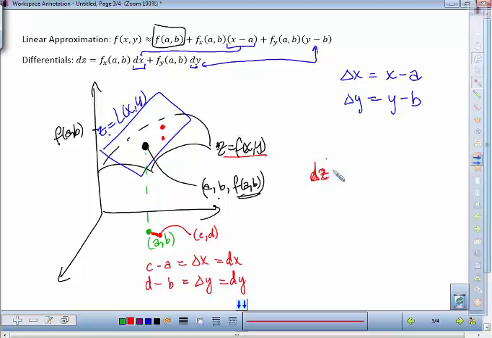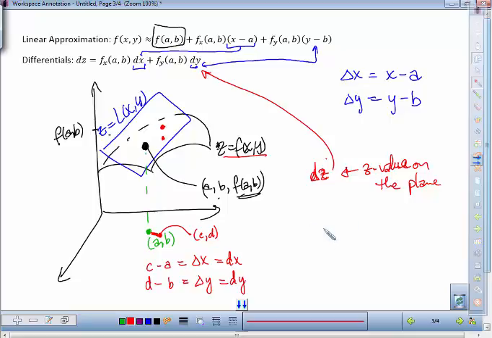Well, I guess they have it here. The dz is this change that describes where you are on the plane, whereas the delta z, so this is your z value on the plane. Let me put it this way again.